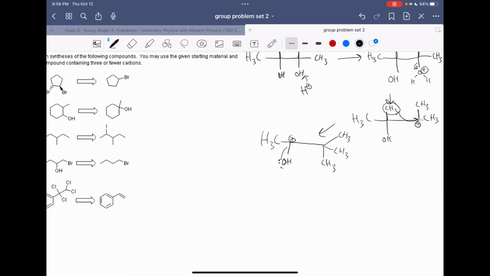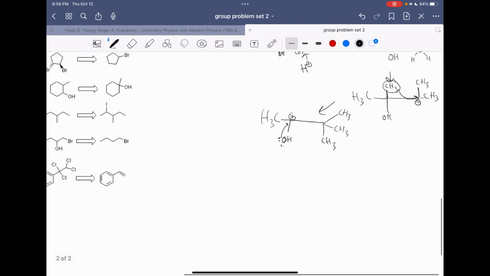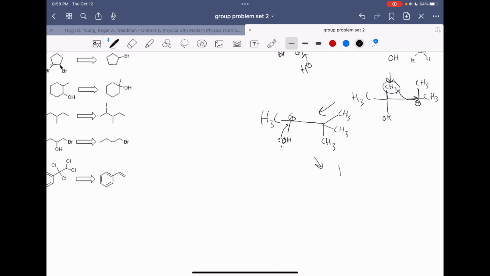So it can donate one of these lone pairs to the carbon over there, and then you're just left with H3C, and then OH, CH3.